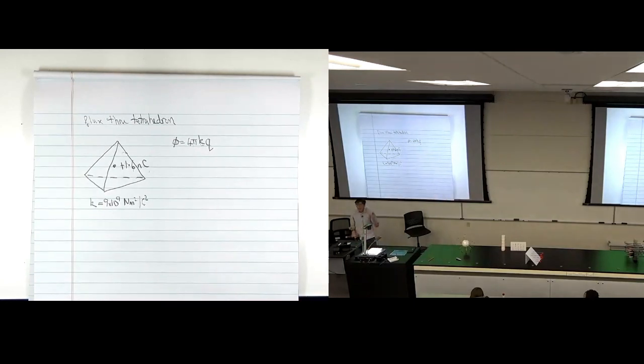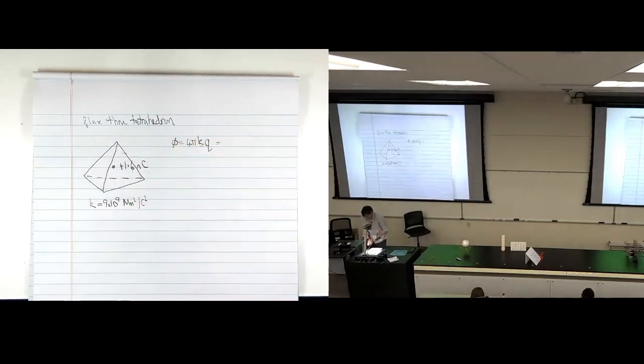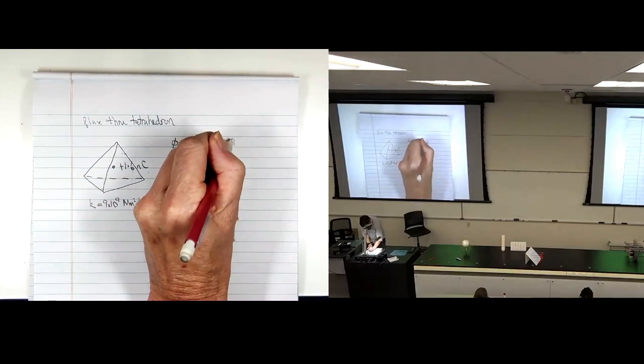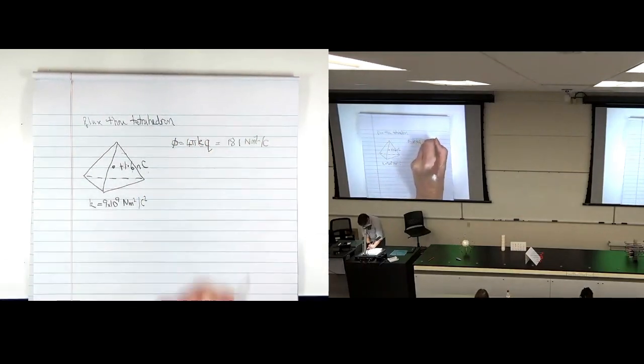I won't write in all those numbers because I've got to get to a final example. If I plug in 9 times 10 to the 9 and 1.6 times 10 to the minus 9, it's really 9 times 1.6, because the 10 to the 9 and 10 to the minus 9 cancel out, you get 181 Newton meter squared per Coulomb.